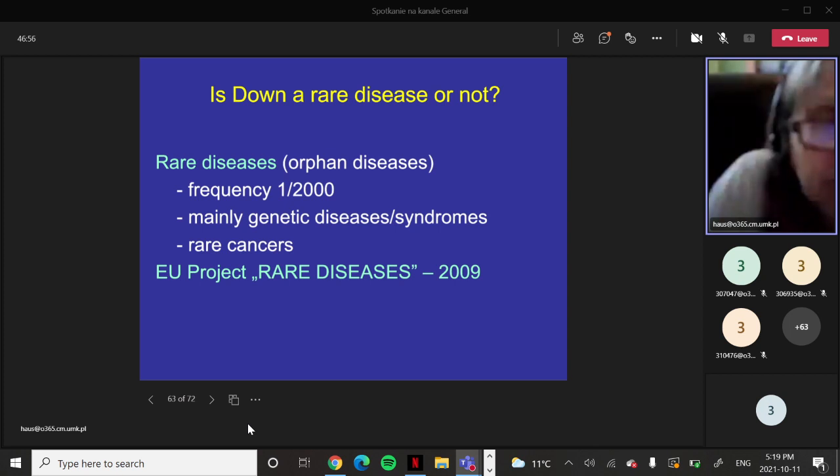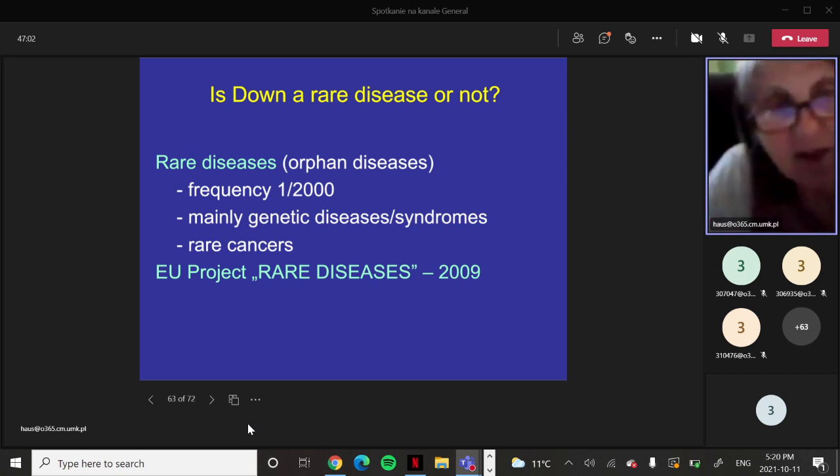So I understand that Down syndrome fulfills the other criteria of rare diseases without the criterion of frequency.